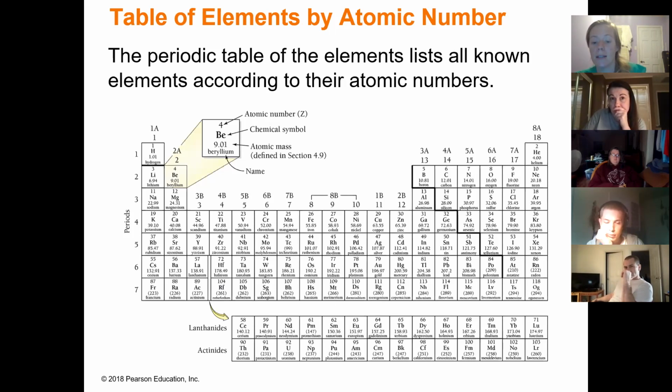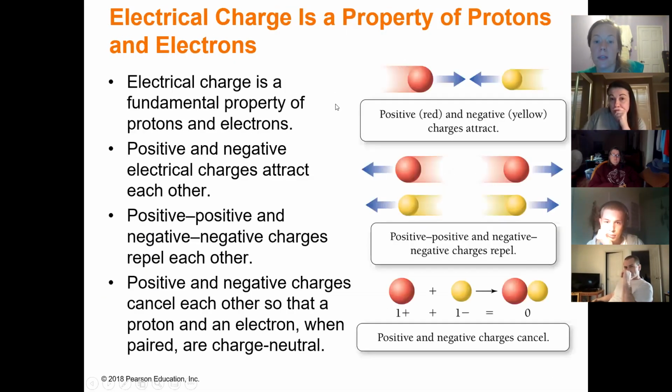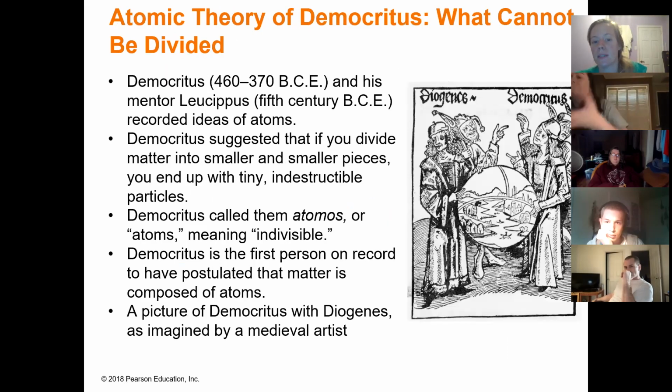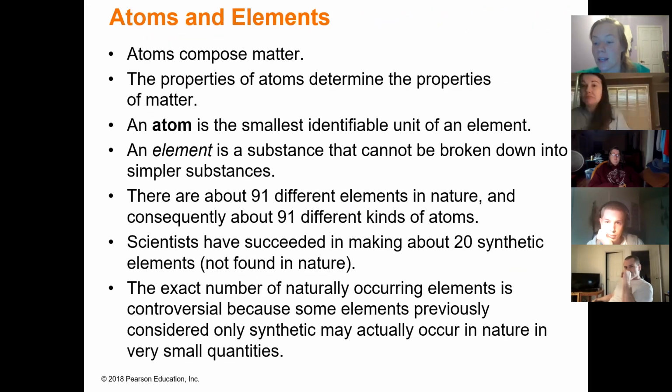But the idea of what is synthetic and what is natural is up for debate because some of these heavier elements may actually exist in nature, just in very specific environments, like the center of a black hole or some environment that's really, really dense. So the exact number of naturally occurring elements is controversial.